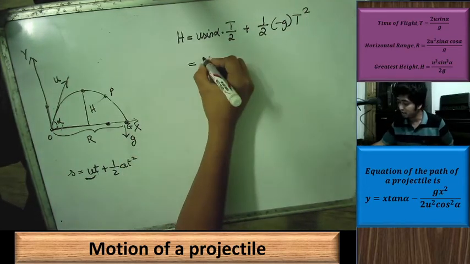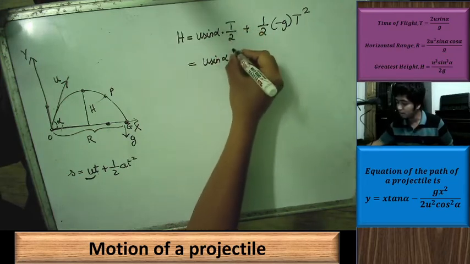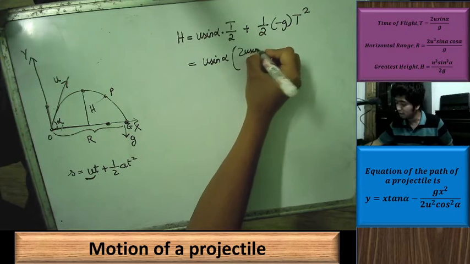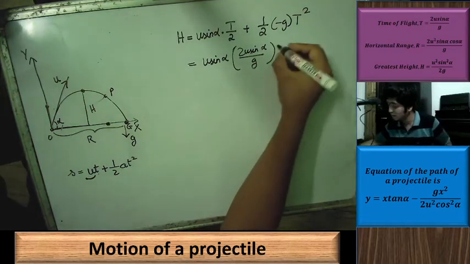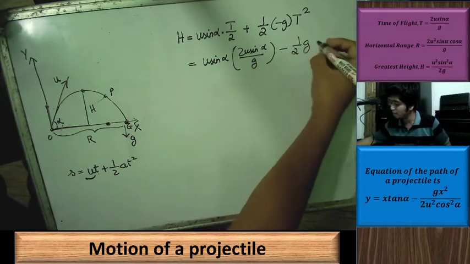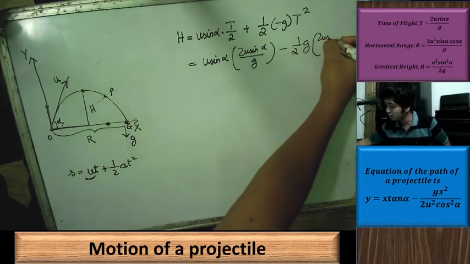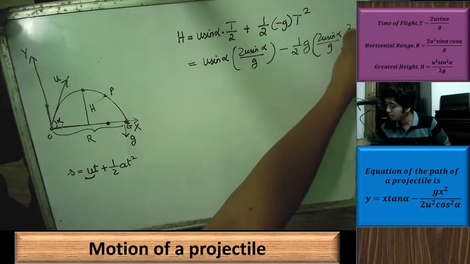So if you simplify this, let us see. t is 2u sine alpha upon g, minus 1 by 2 g, and t squared again will be 2u sine alpha upon g squared.